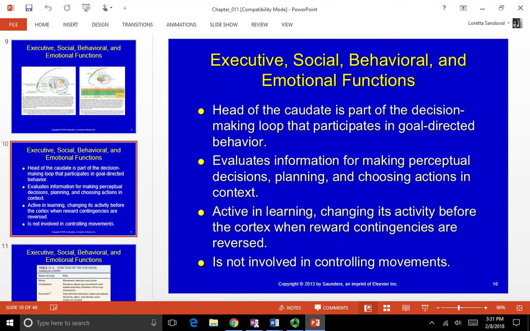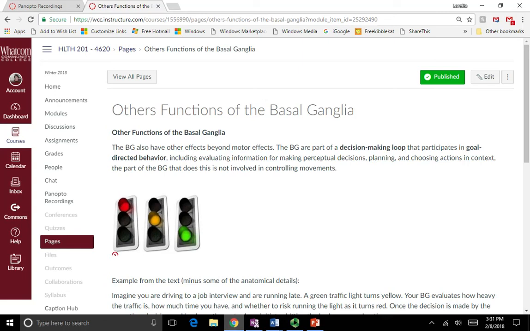I'm wasting my time because this isn't going to be on the test and it's not going to be on the board exam. And so I'm going to change my behavior and learn something else. So that's our basal ganglia speaking there. The executive, social, behavioral, and emotional loops are not involved in controlling movements. They're just doing their part of it besides the movement.